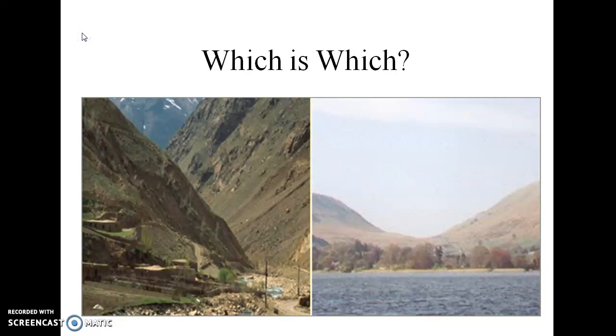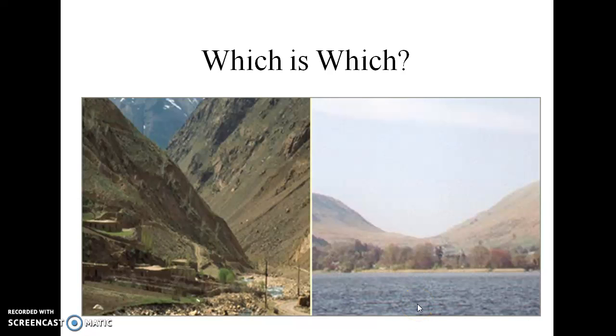So which is which? Which one would be cut out by a glacier? The one on the left or the one on the right? And the answer to this would be the one on the right. This is the U-shaped valley. And a lot of times when the glacier melts, it leaves a lake, right?